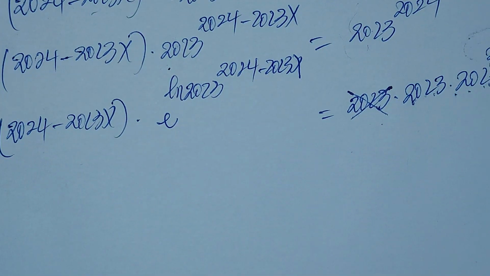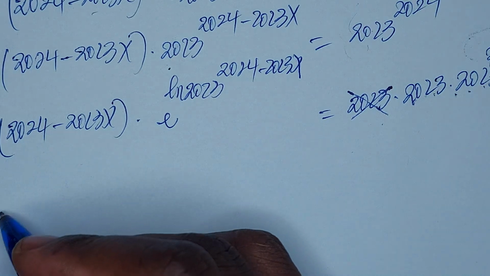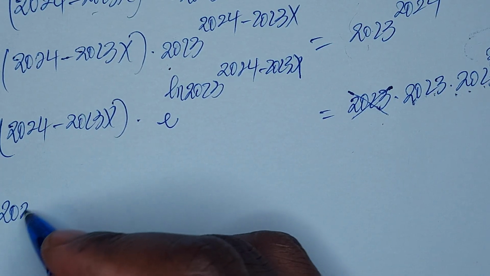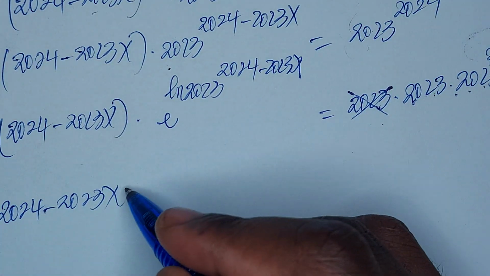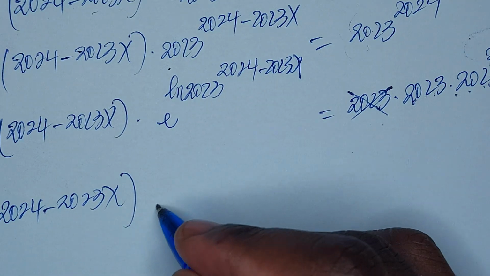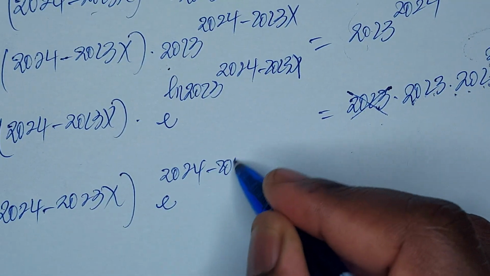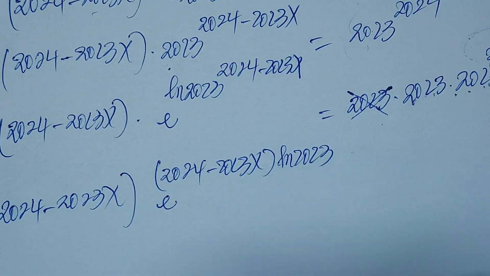So fine. From here now, let's look at this one here. We're going to have 2024 minus 2023x, and then this is a ln, this power comes down, so we're going to have e to the power of 2024 minus 2023x, which multiplies ln of 2023.